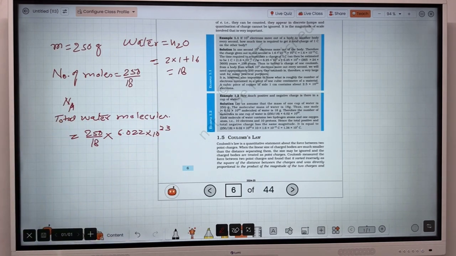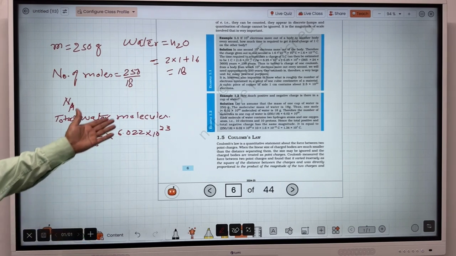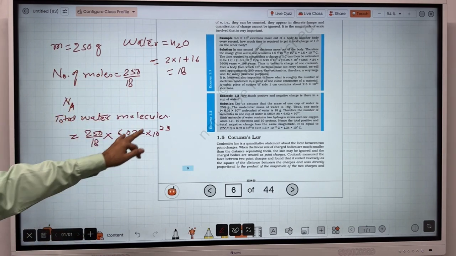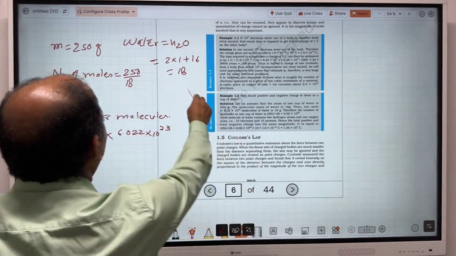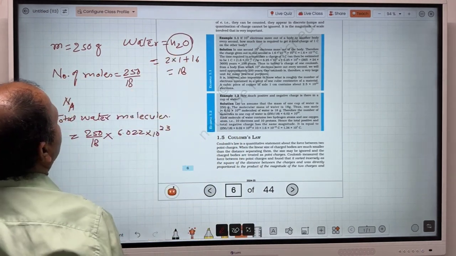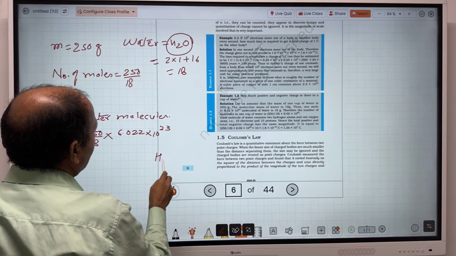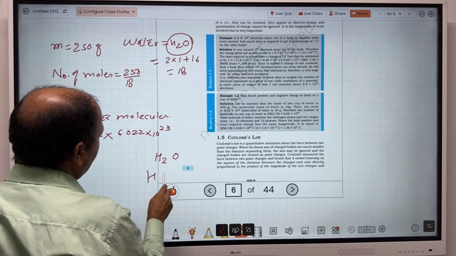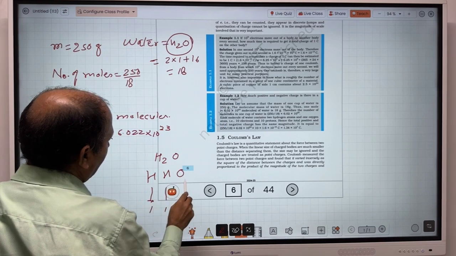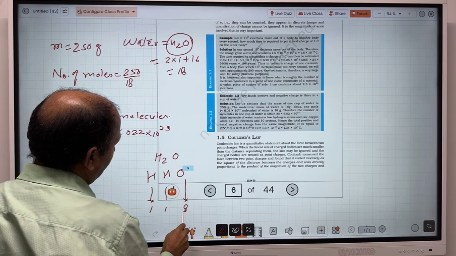Now further, our purpose is to find out the number of electrons or protons. So let's consider electrons, because they are equal, since the water will be neutral. So in 1 molecule of water, how many electrons are there? H2O means H, H, O. 1 electron here, and then 8 electrons here.